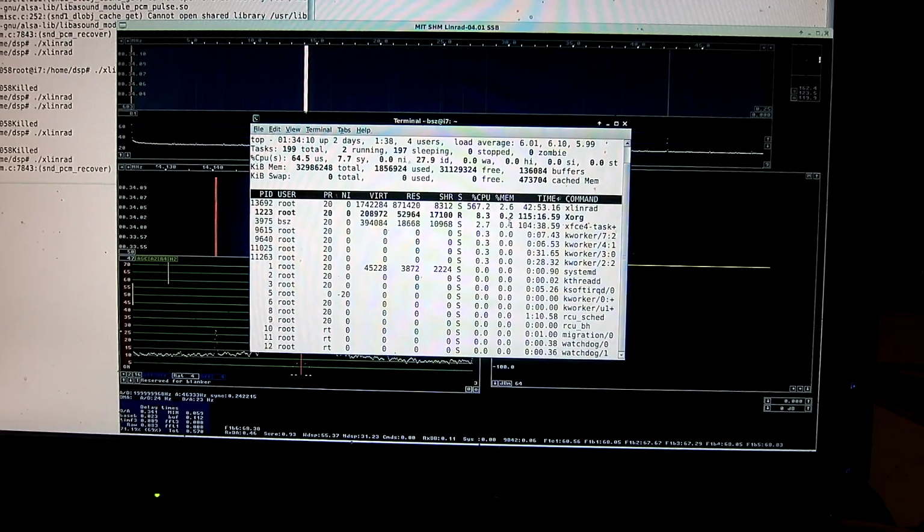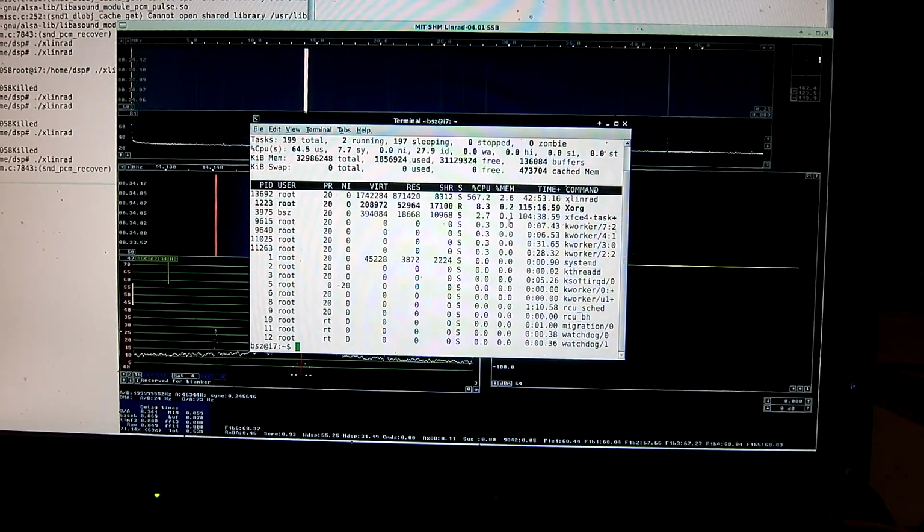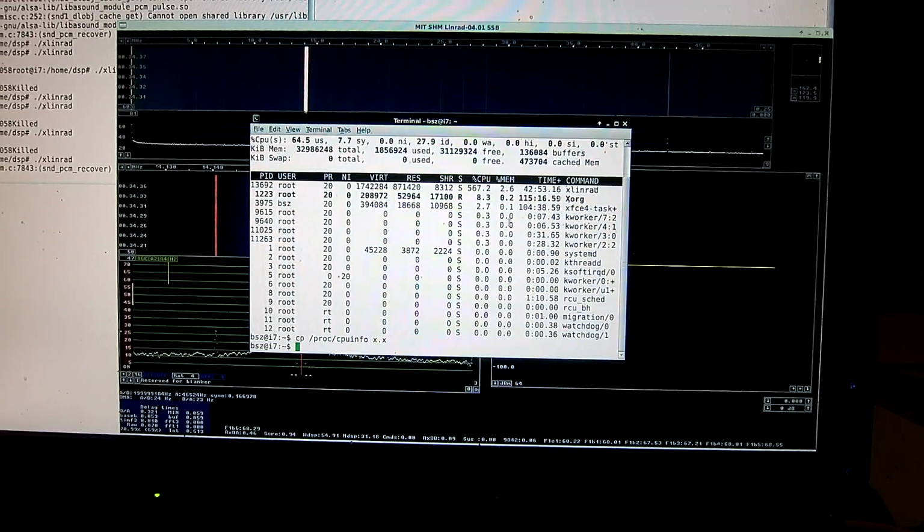Quit that and have a look at the load on the processors, the speed that they actually have. That means copy proc info to something, and then look at that file.